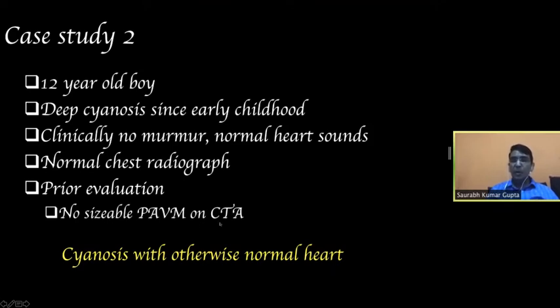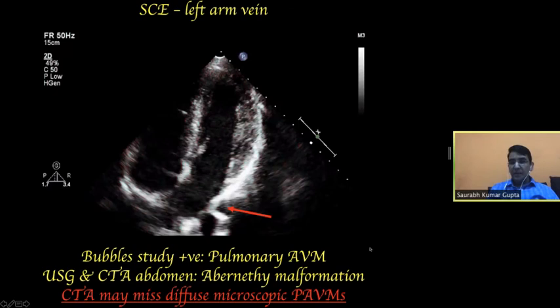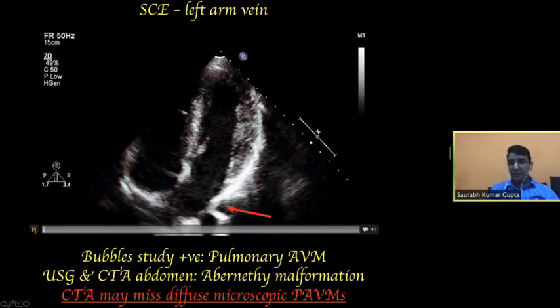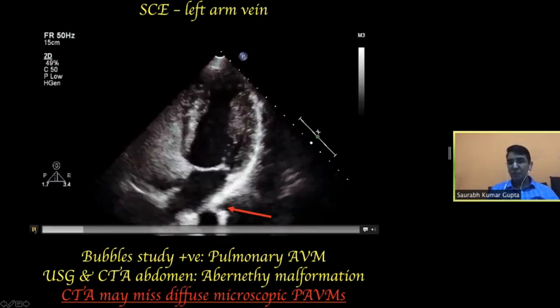Now this is another boy, a 12-year-old boy with deep cyanosis since early childhood, clinically no murmur, normal heart sounds, normal chest radiograph, and prior evaluation showed no sizable PAVM on CT. And this is the contrast echocardiogram of this patient from the left arm.